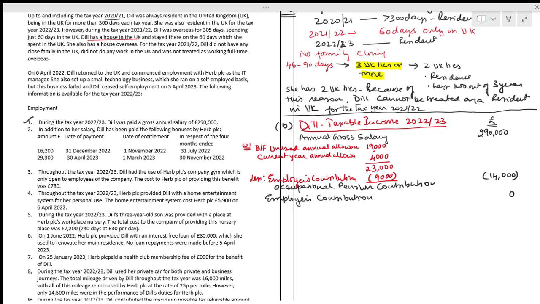Next, what they say: in addition to her salary, Dill has also been paid a bonus. How much bonus is there? Date of payment 22 December, date of payment 23. Date of entitlement is 22 November, entitlement is 23, 1st March, in respect of 4 months ended 22 and 23.